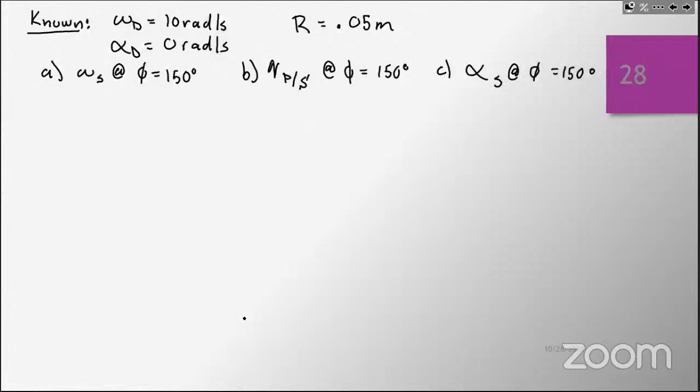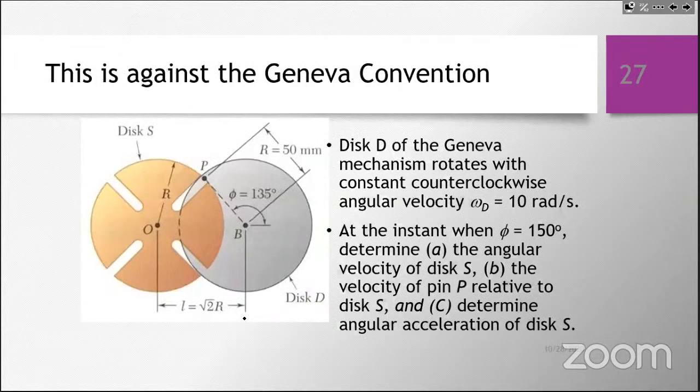So let's draw our picture here. I'm going to draw a horizontal line to aid me. This is going to be point B. What is point B? Good question. Point B is the center of disk D. Point O is the center of disk S, and they're in line with one another.